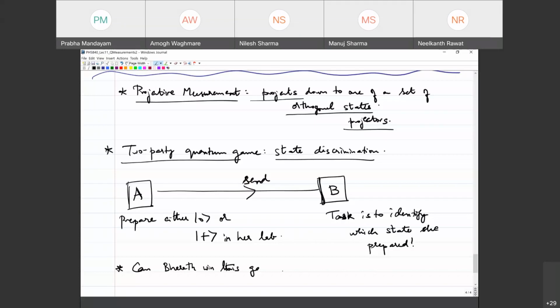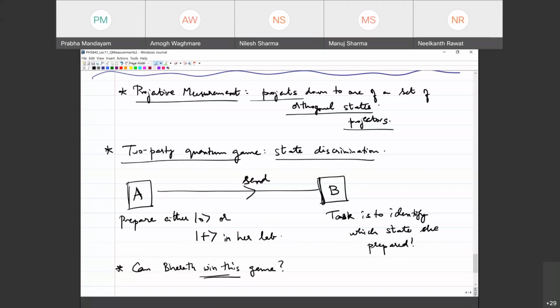Now, what does winning the game mean? I have to define that. Suppose I make it the hardest possible case where I say that you have to be able to identify the state each time accurately. Can Bharat win this game? How will you think about this? What can Bharat do in his lab?